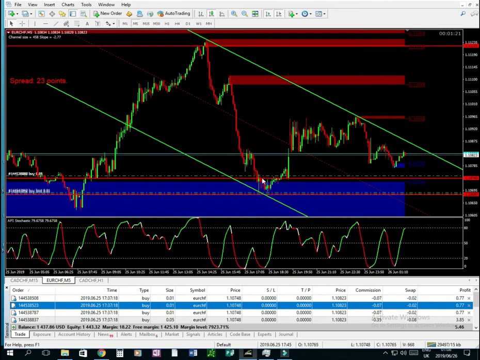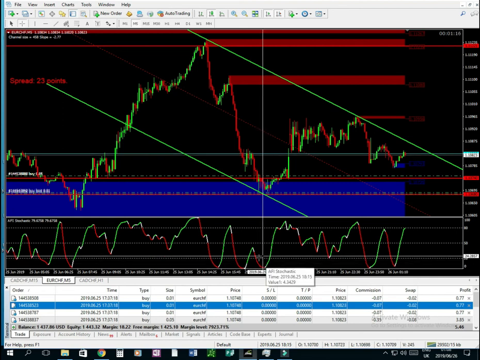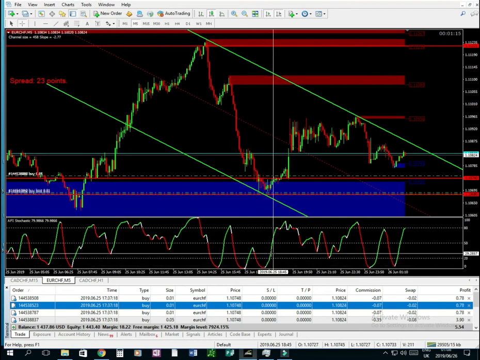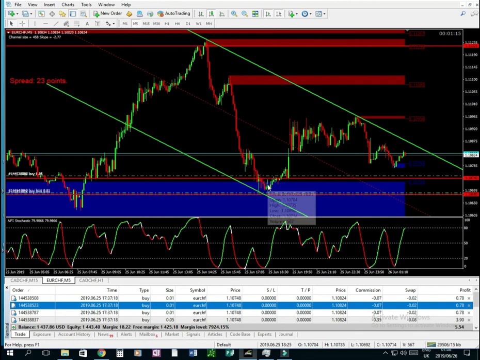As you can see, in 5 minutes, if you can remember the stochastic here, it was just about here. The market was, I think the market was just about, where was it? Was it here?